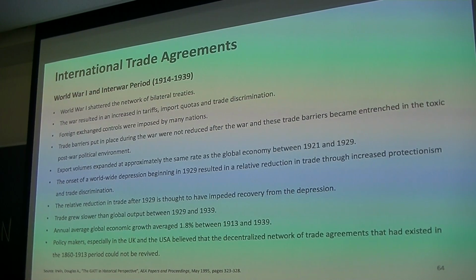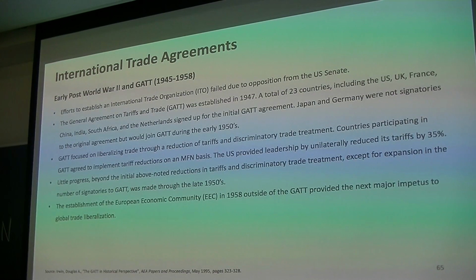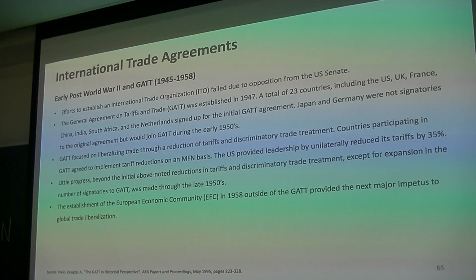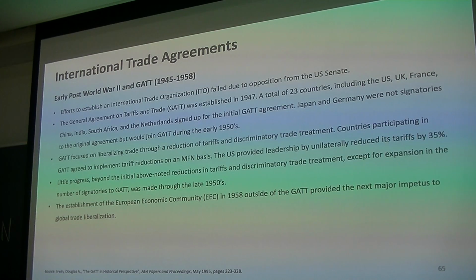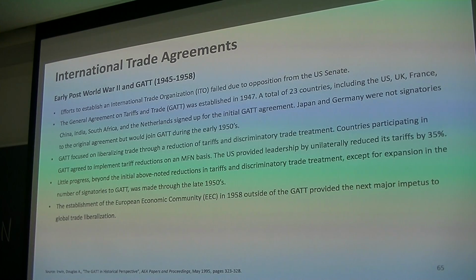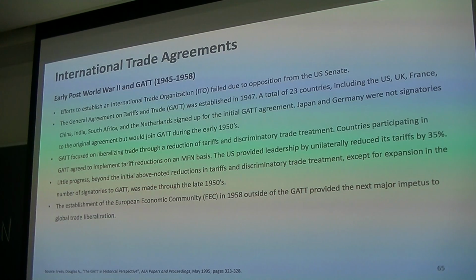Then, of course, we had World War II, and World War II, of course, was another disruption of trade. So basically, you have in the period 1913 to 1945, a more than 30-year period, the warfare, trade warfare, trade barriers, a lot of conflict.